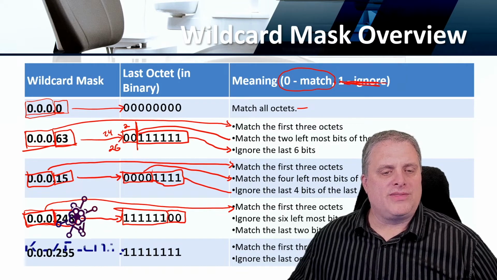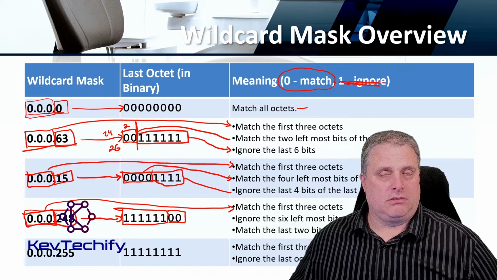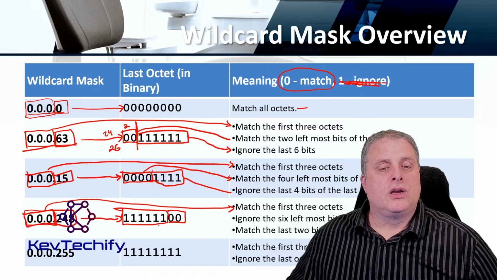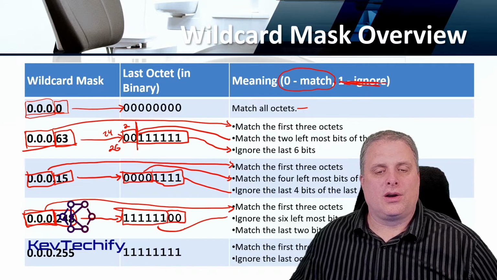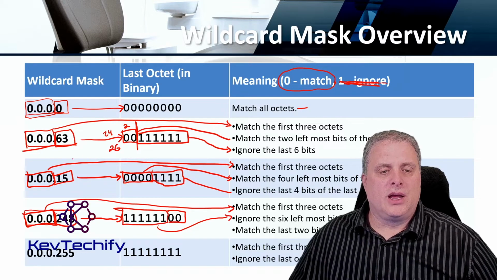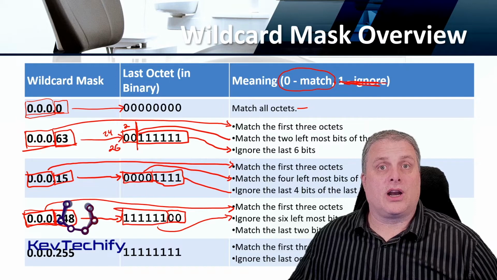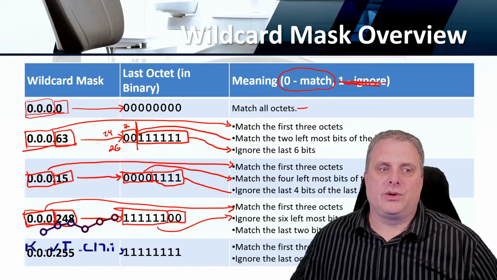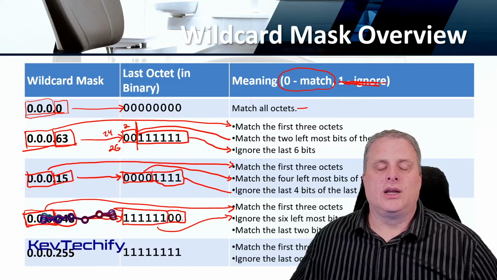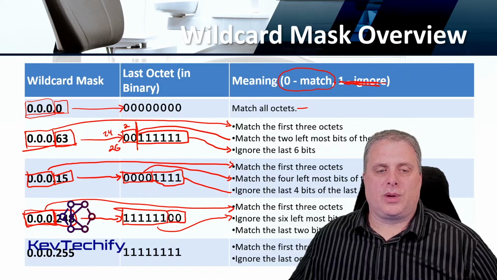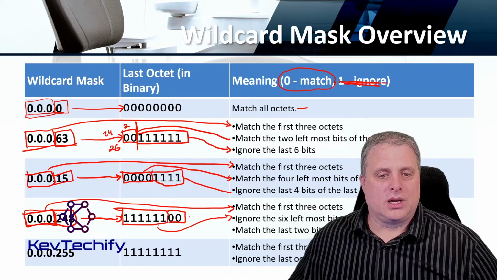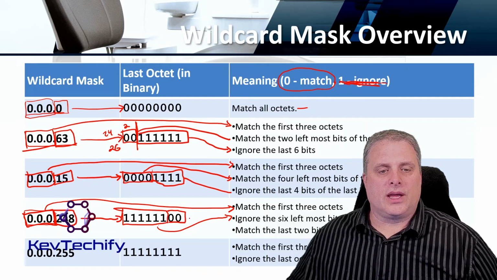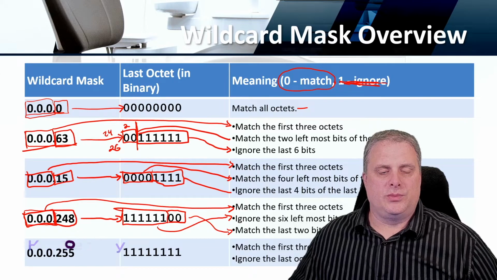We don't care what the values are in here. We just don't care. So we're going to ignore those left 6 bits, but then the last 2 bits are zeros in our wildcard mask, because once again, when you convert 248, this is what you get. You get 6 ones followed by 2 zeros. Those last 2 bits, we want to match those. We want to match those, and so that gives us matching the last 2 bits.